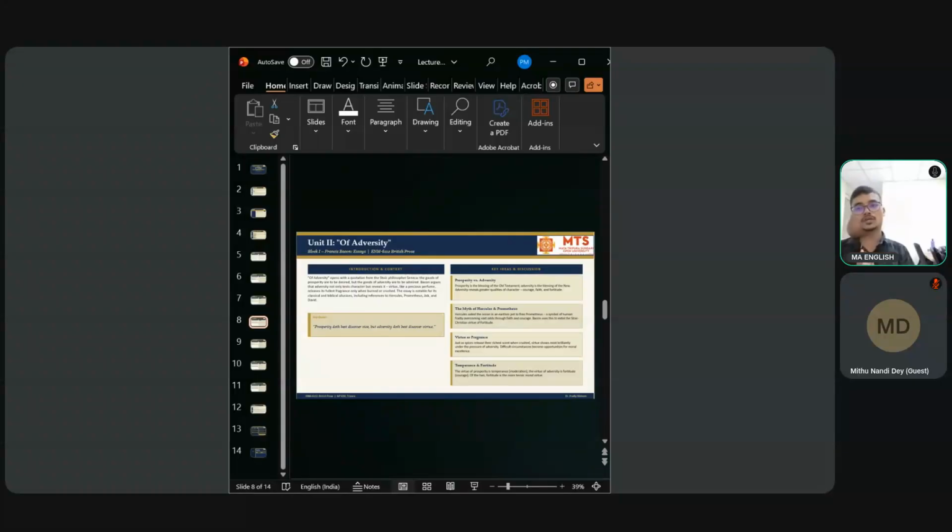So Bacon writes that prosperity is the blessing of the Old Testament. If you think about the great narratives of the Old Testament, they are filled with material reward like land, cattle, gold, political power, military victory. But adversity, Bacon says, is the blessing of the New Testament. There are two parts of the Bible: the Old Testament and the New Testament.